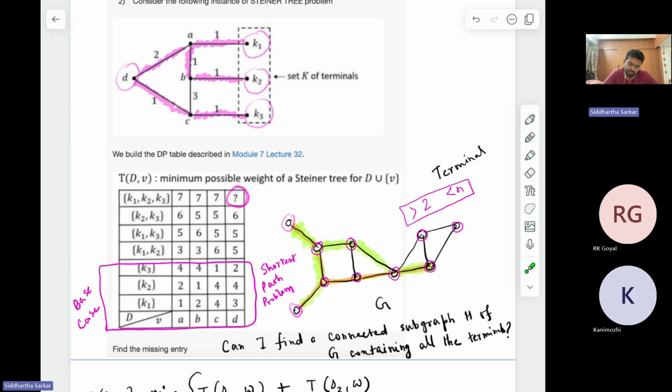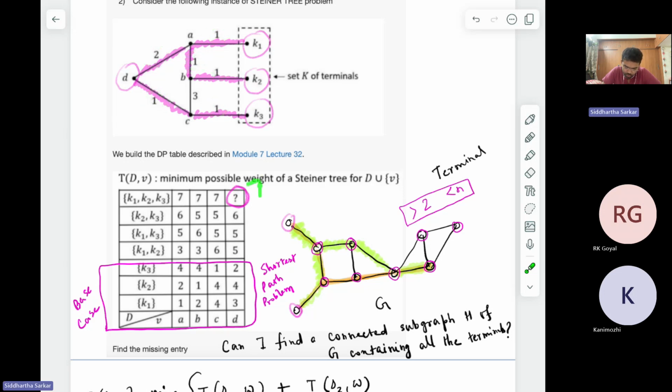So there is connectivity between each of the terminals, and between D and each of the terminals as well. We have ensured that we have a tree where K1, K2, K3 as well as D are connected among themselves. Now we can take the sum of the weights on the edges that we have taken. This sums to 5 ones and 1 two, that is 5 plus 2, so 7.